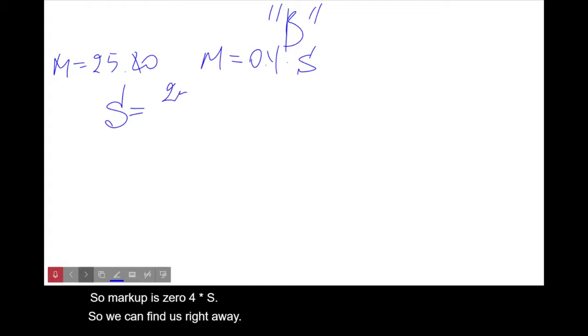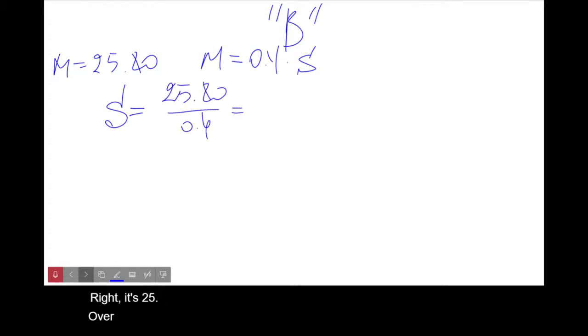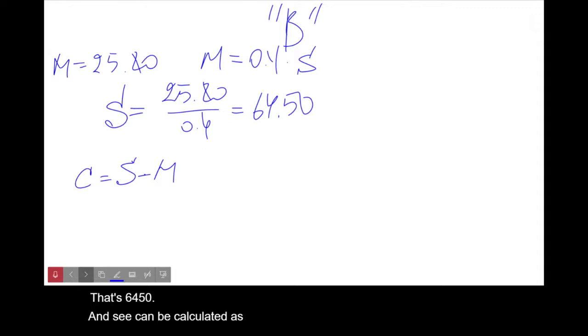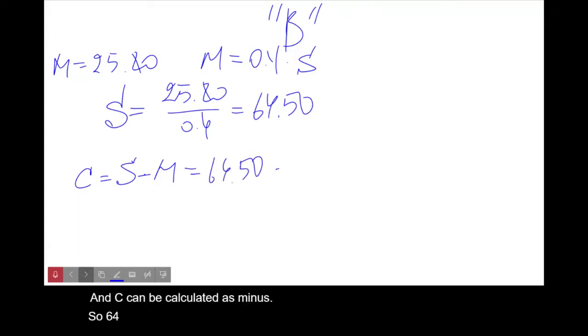It's 25.80 over 0.4, and that's 64.50. And C can be calculated as S minus M. So 64.50 minus 25.80 is 38.70.